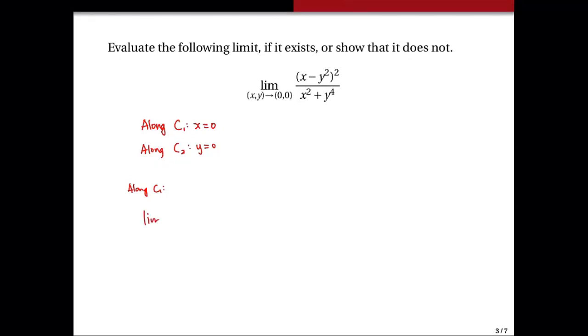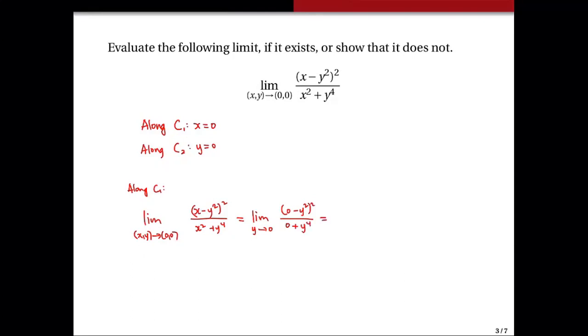So the limit here, limit x comma y goes to 0 comma 0 of x minus y squared, quantity squared, over x squared plus y to the 4. This simplifies into the limit as y goes to 0 of 0 minus y squared over 0 plus y to the 4.